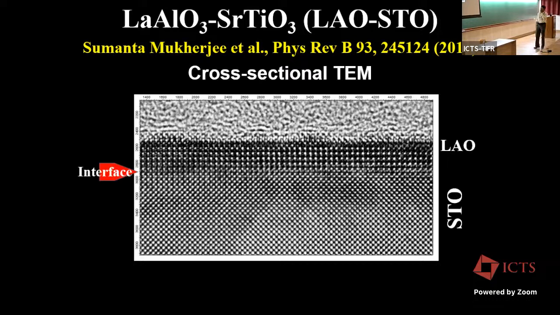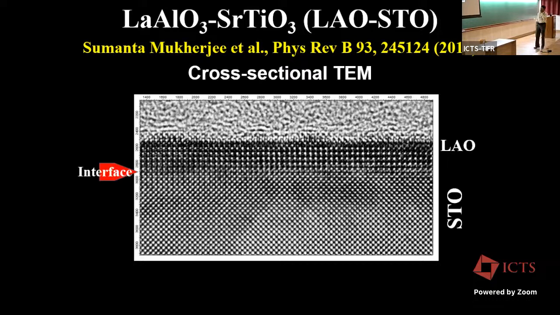All of you know that this is a very exciting system. It has shown many different physics, but let me first talk about the challenges, why it's difficult. You're interested, as I said, in this thin layer over here, and how it provides properties that are distinctly and qualitatively different from those of this block, the STO block or the LAO block.